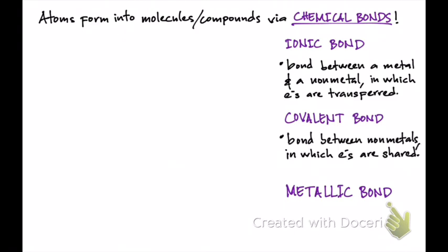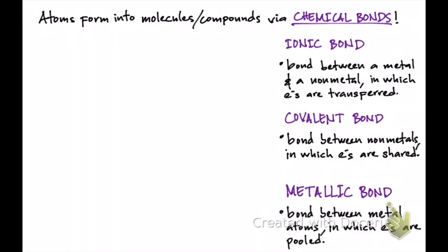Covalent bond, on the other hand, is a bond between nonmetals only. And in this type of bonding, the electrons are shared by the atoms. So it's completely different from ionic bonding because the electrons are being shared instead of being transferred.